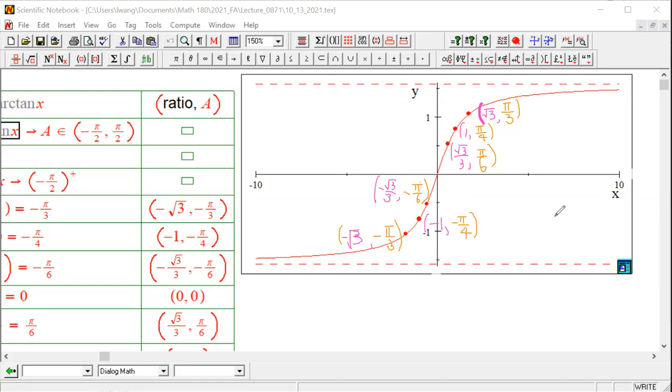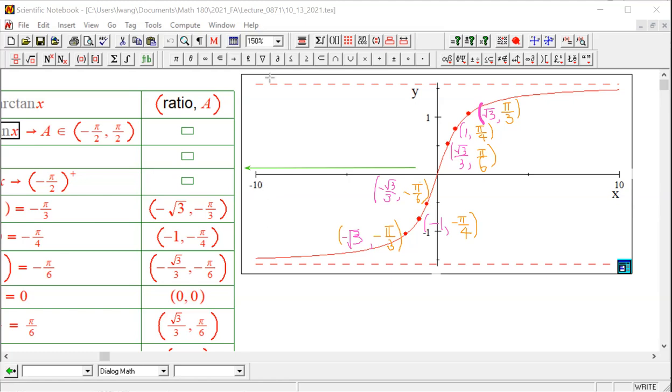Okay, now how about the border? This is very useful for you. When x approaches negative infinity, what happened to the arctangent curve?